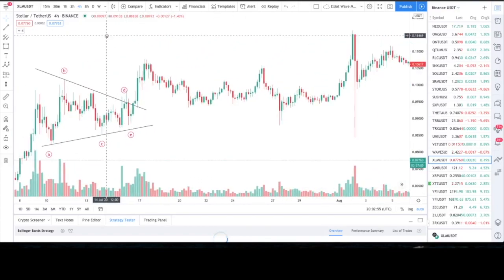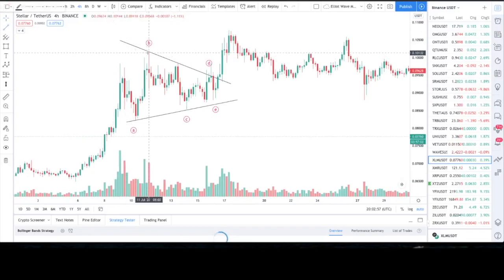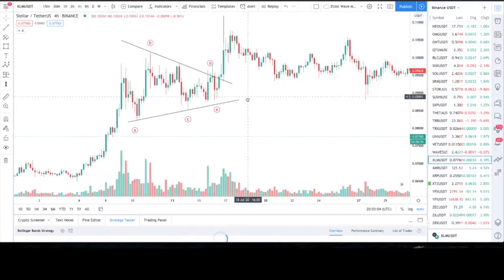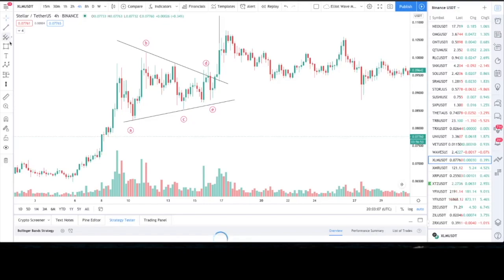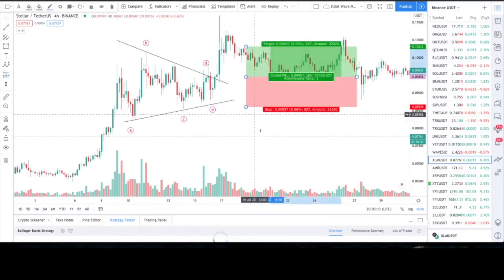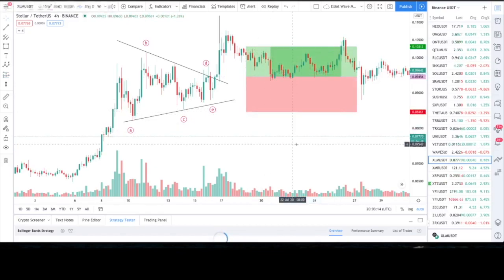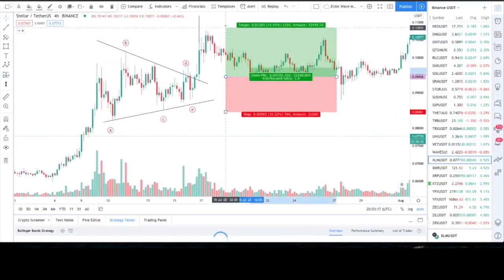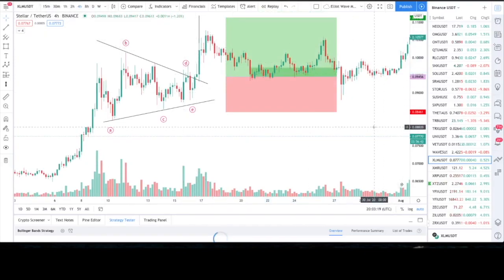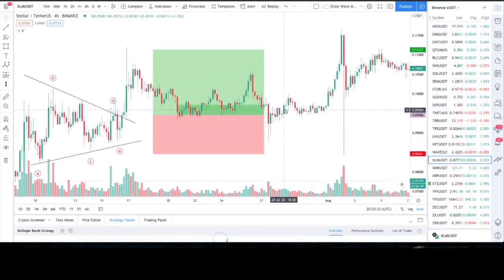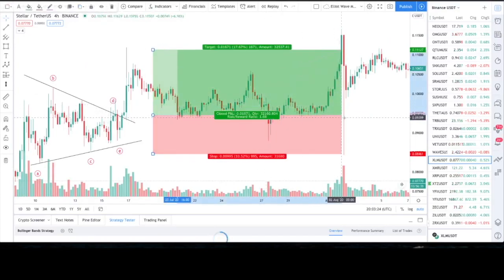Having a look at our target, the measured move there, we would have entered there, stop loss would have been here, target would have been just before the top of that. Drag that across to there. You see we would have got our target before it came back down, so that's pretty good.